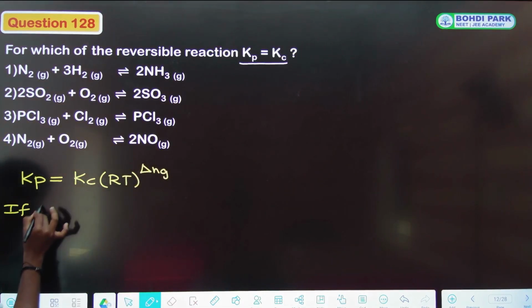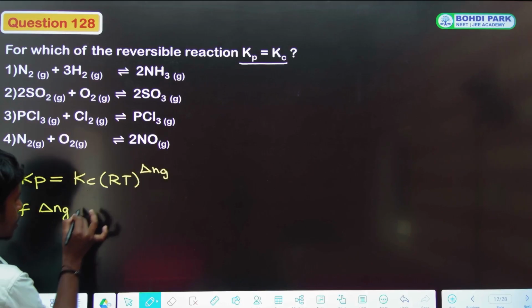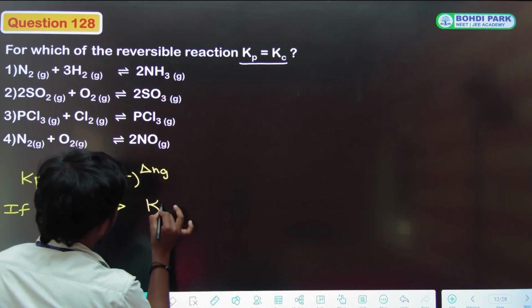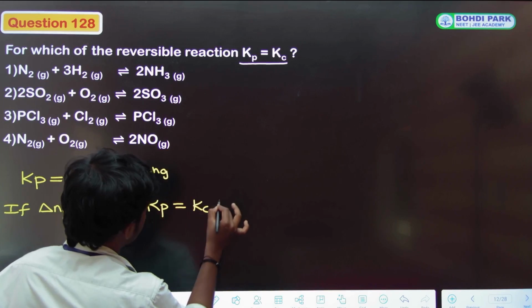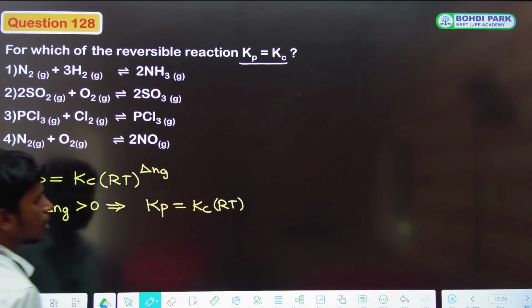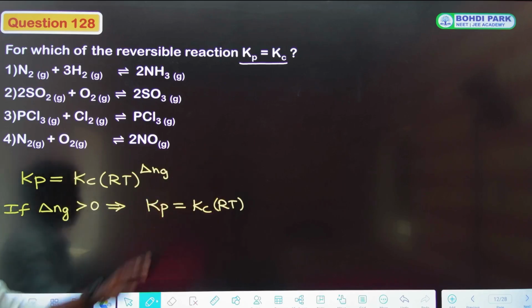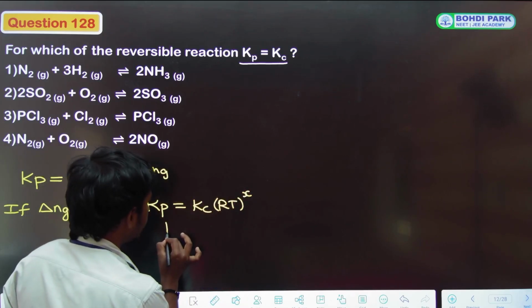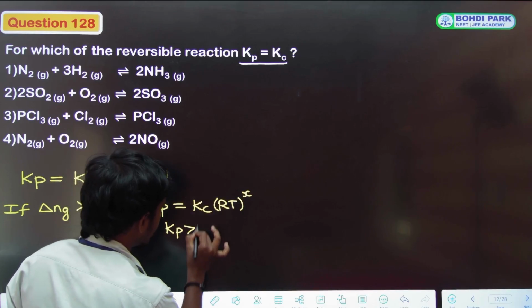If delta Ng is greater than 0, we can write Kp is equal to Kc into RT power positive value, so the Kp will be greater than Kc.